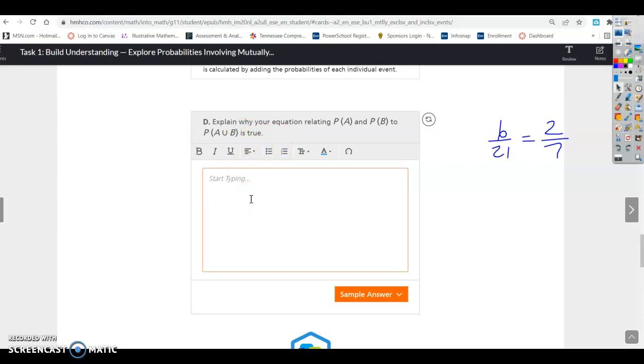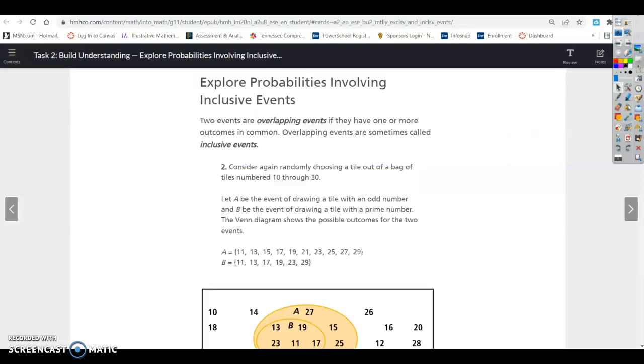You're just going to add those together because these are mutually exclusive, which means they don't share anything in common. So adding them together gives you your total for the probability of A union B. That's all for Task 1. If you have any questions, let me know.